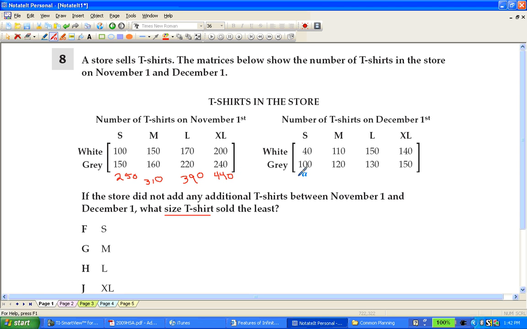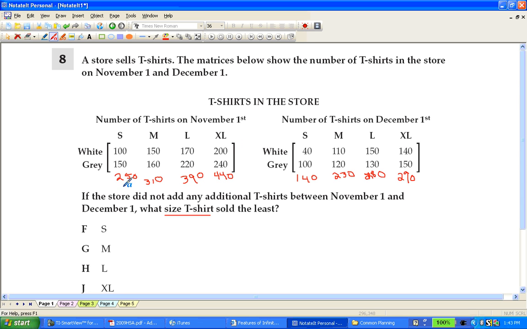On December 1st, there's 140 smalls, 230 mediums, 280 larges and 290 extra larges. So I want to determine which size sold the least. Which one went down the least amount from November to December?